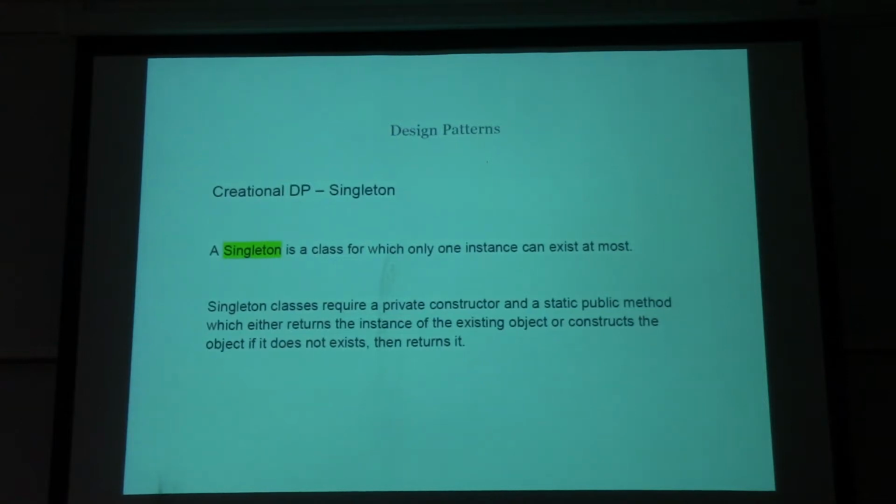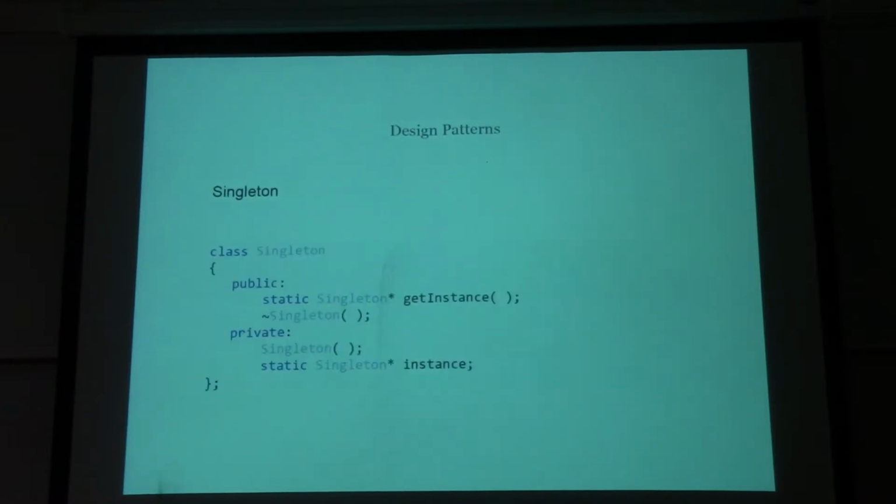The old way. Then you add a public static method which can return an instance of the existing singleton object or construct the object if it doesn't exist. The static public method is accessible by anybody because it's public, and it can access the constructor because it's in the class of the constructor.